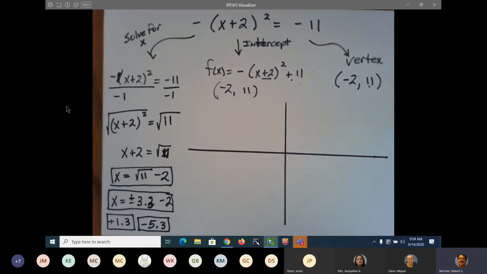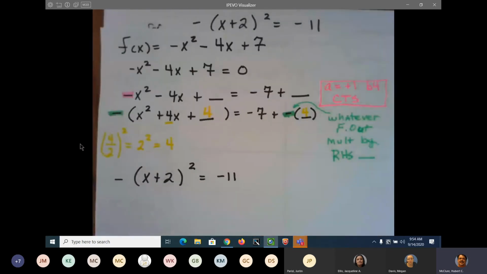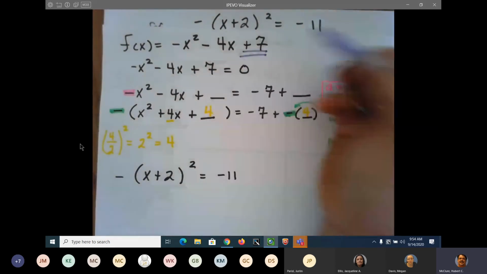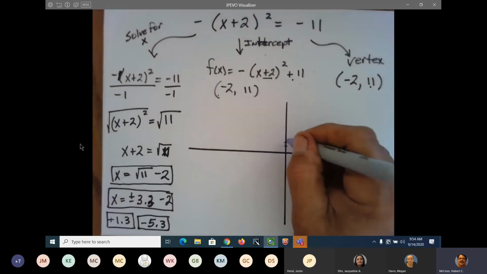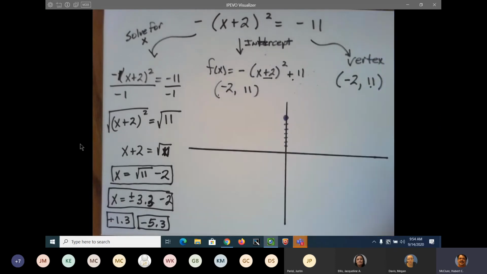All right, so here we go. Let's go back to the y-intercept, and I'm going to use lavender. My y-intercept is negative 7. So 1, 2, 3, 4, 5, 6, 7. There's my y-intercept.